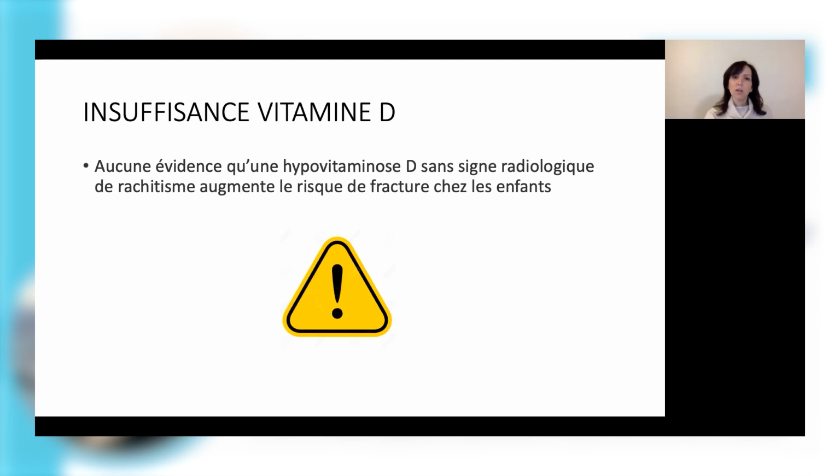And so really there's no robust evidence that shows that a low vitamin D alone, without any signs of radiological rickets or osteopenia, increases a child's fracture risk. Now, if that child has trauma, he's more likely to fracture from that trauma, if that trauma is appropriate for that type of fracture.